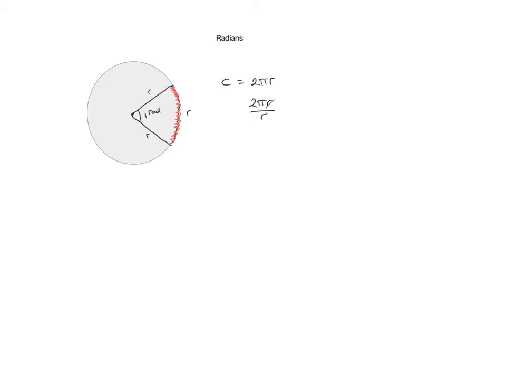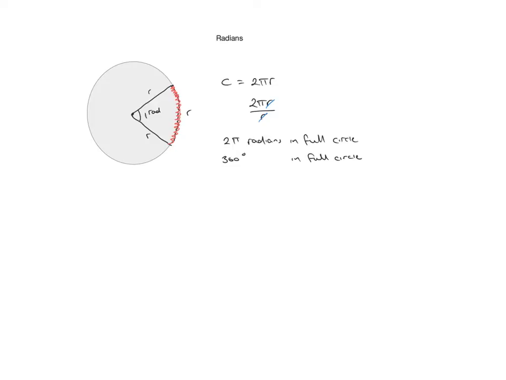So there's the r being factored out there. So we now know that there are 2 pi radians, so 2 pi rads, in a full circle. But we also know that there are 360 degrees in a full circle. That means now that we can find out the relationship between radians and degrees.